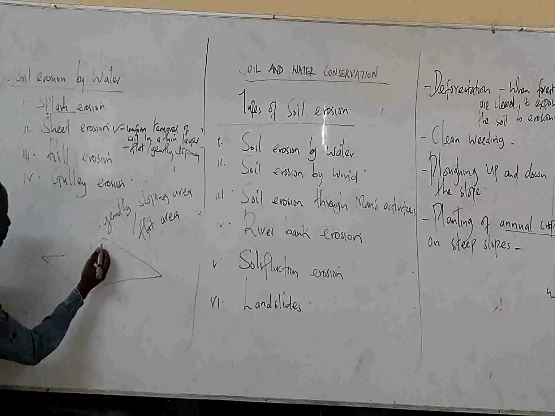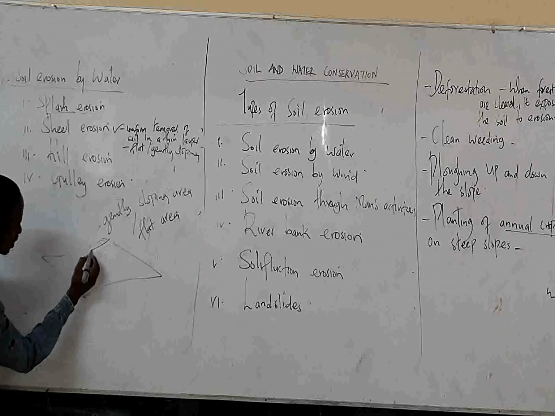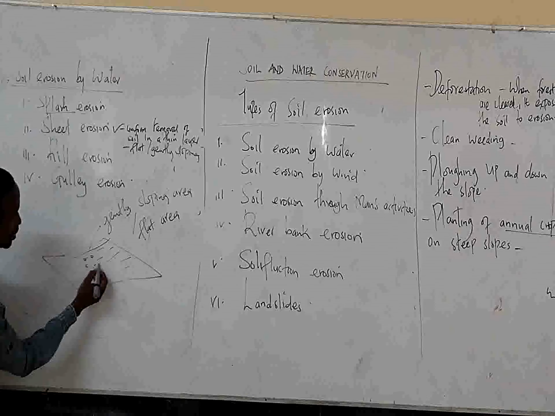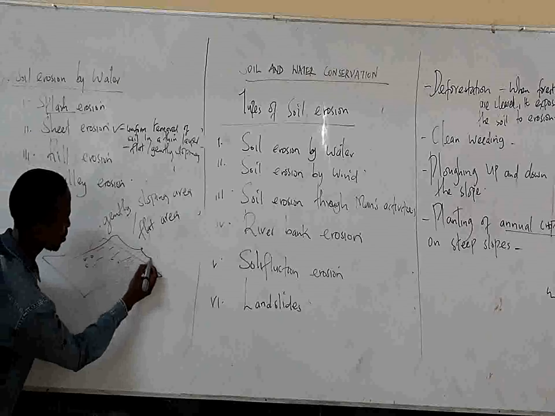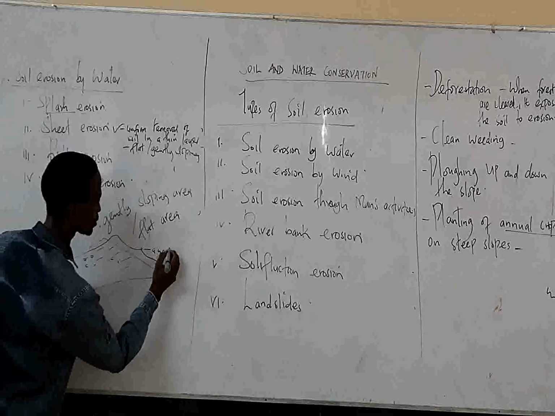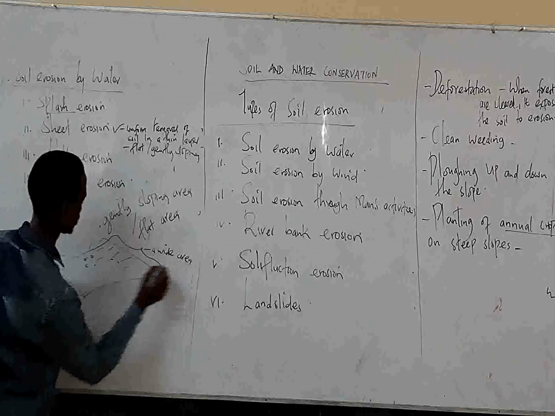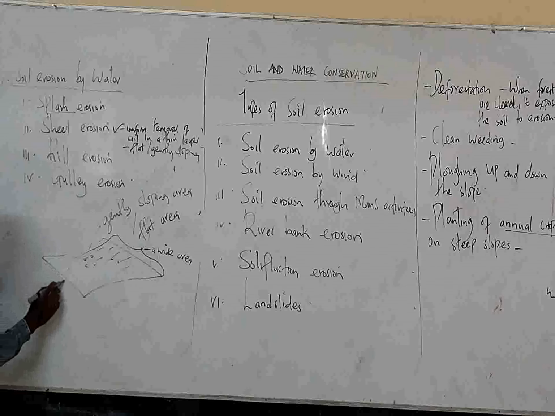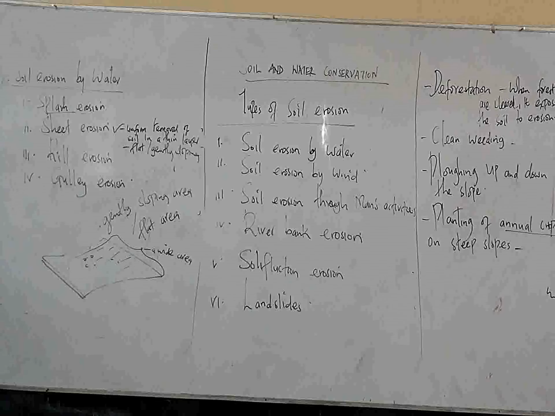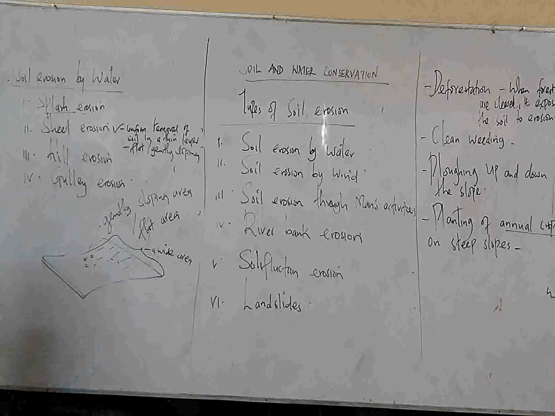Our rainwater is going to flow uniformly, so it's going to erode the soil of our wide area. And so we are going to have uniform erosion of this soil. That's leading to sheet erosion.